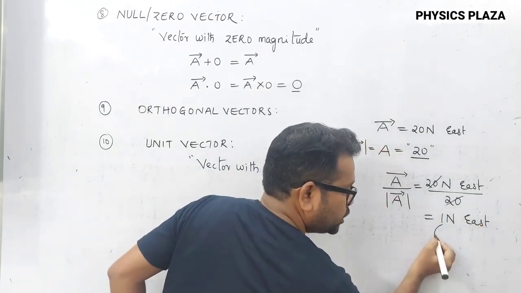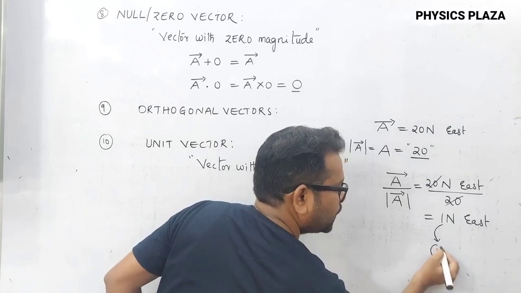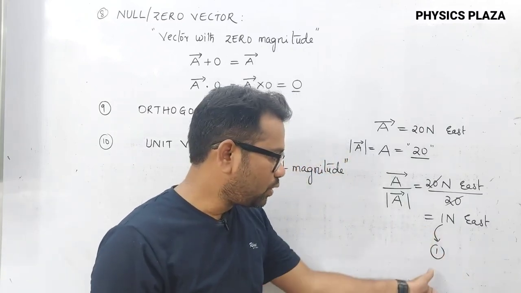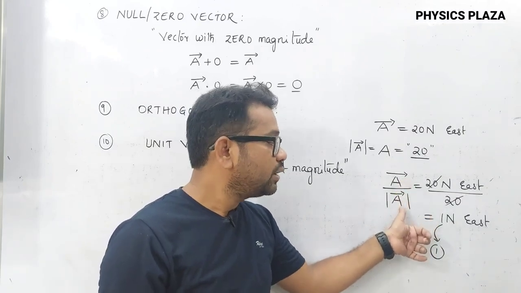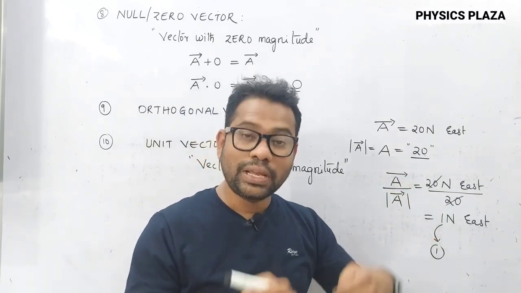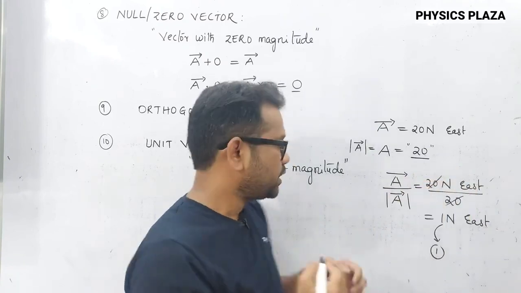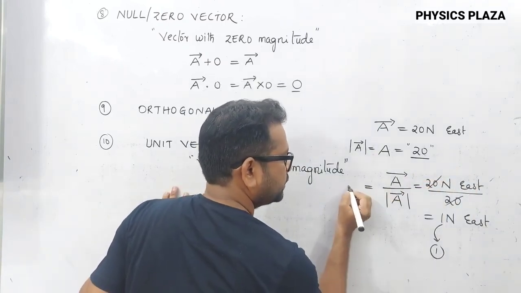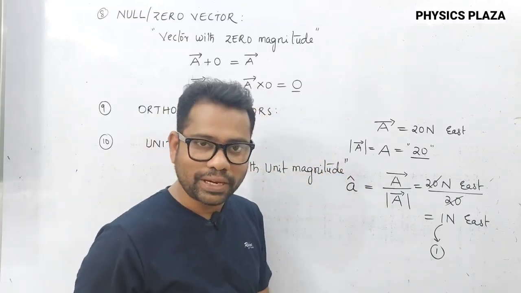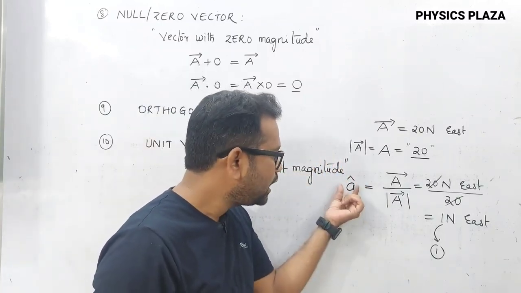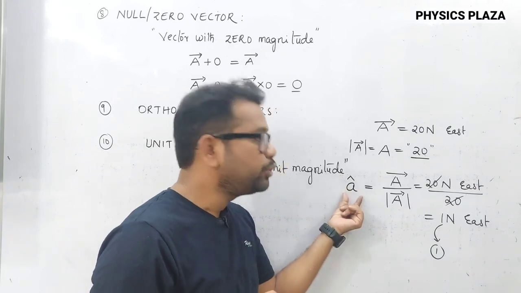Now what is its magnitude? 1. Got it? Now we got a 1, which means that if any vector is divided by its own magnitude, then we will get a unit vector. Children, the unit vector we can represent like this: a cap on top. The small letter a is used here, and this cap represents that it is a unit vector.